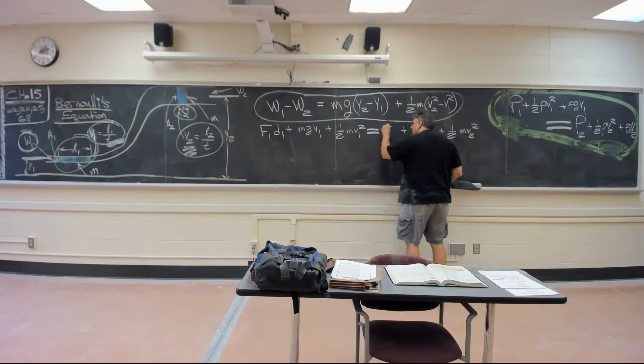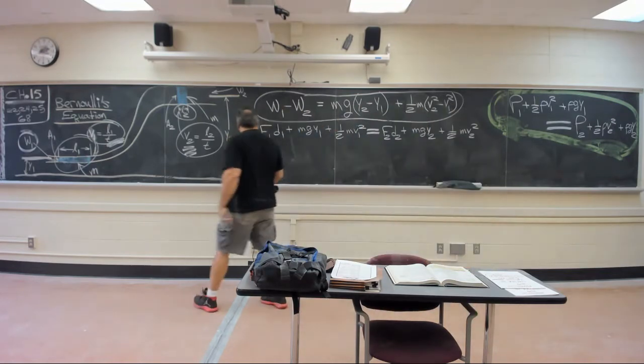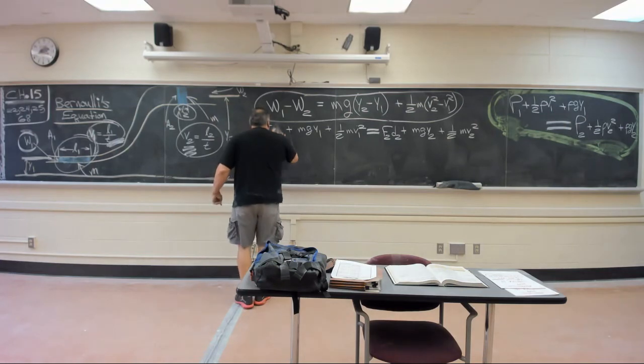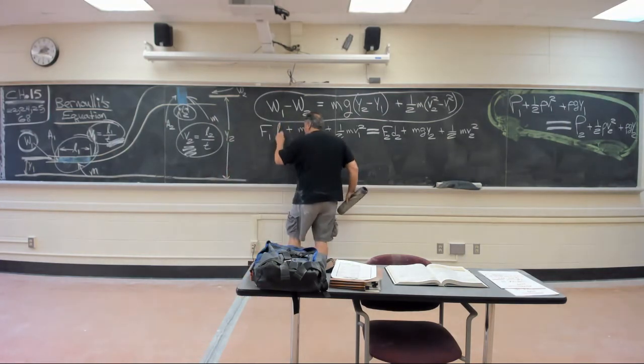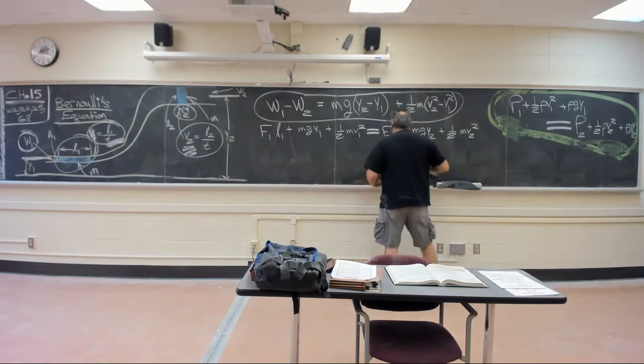W2 is a force times the distance D2. Let's make it a little easier. There's nothing wrong with the D1 I put on there, nothing wrong at all. But let's stay consistent with what they wrote.